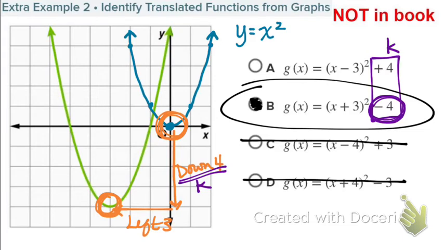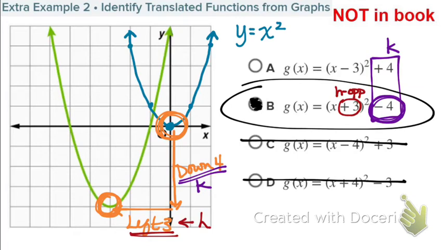But that says +3, and we said we were going left 3. How does that work out? Remember, what I see in the equation is going to be the opposite sign of what I see on my graph. So if I see a +3, that really means go left.